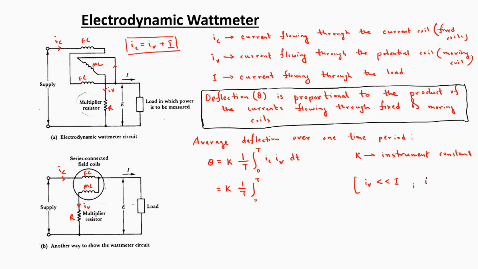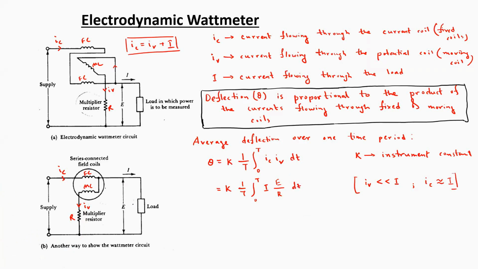So we can assume that IC is almost equal to I. So in this expression, IC can be replaced with I and IV can be replaced with E divided by R. As we have denoted the multiplier resistor by R, into dt.